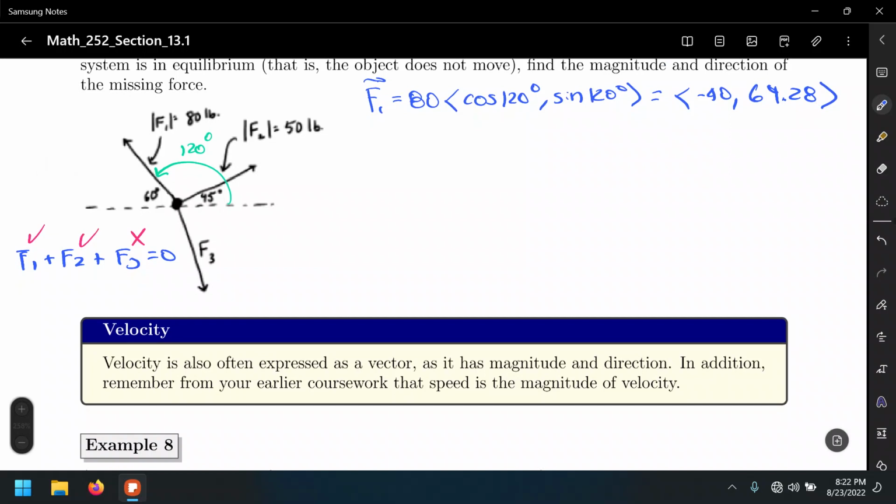The second vector, F2, same: the magnitude of 50 pounds, and with an angle, in this case, of 45 degrees because it's in the first quadrant.